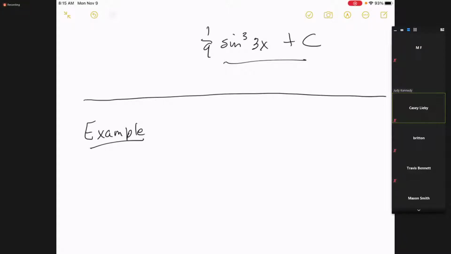Okay, so here's one. The integral from 1 to 2 of 2x squared times the square root of x cubed plus 1.